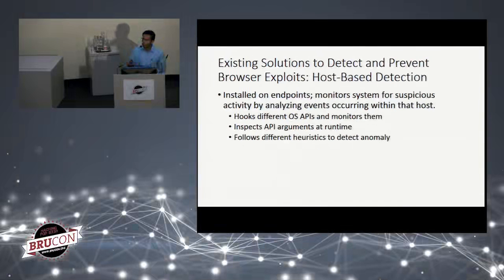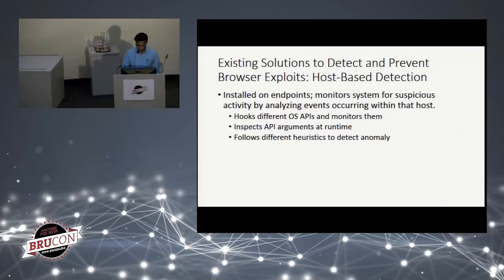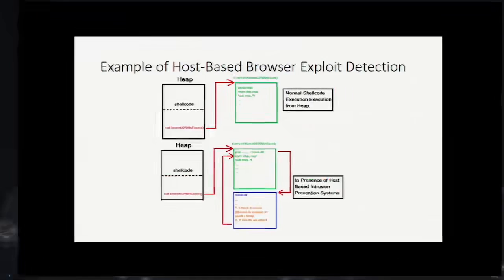When I talk about hooking, it is called inline hooking. It replaces the first few bytes of the function with its own code, so that whenever these functions get called, execution first goes directly to the HIPS code. So this is a very high-level overview of how a typical host-based browser exploit detection system works.